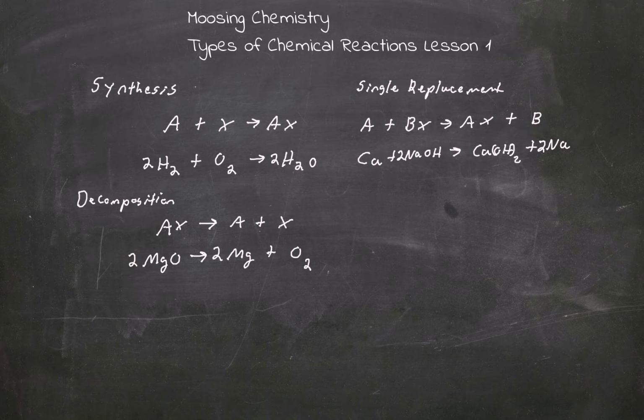The next type of reaction is called a double replacement reaction. Now, in a double replacement reaction, we have AX plus BY yields AY plus BX.